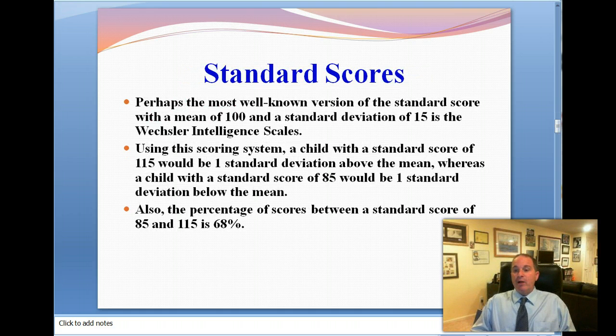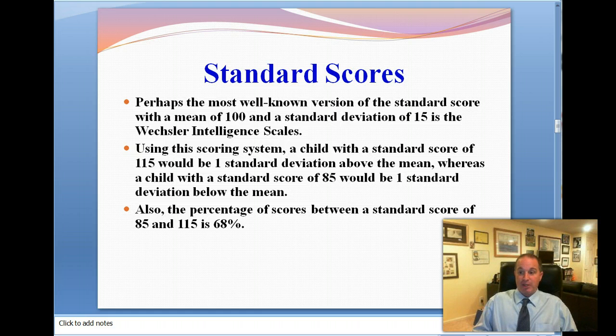And perhaps the most well-known version of the standard score with a mean of 100 and a standard deviation of 15 is the WISC, or the Wechsler Intelligence Scales, whether that's the Wechsler Intelligence Scale for Children or the Wechsler Adult Intelligence Scale. Now, using this scoring system where the mean is 100 and the standard deviation is 15, a standard score of 115 would be one standard deviation above the mean.